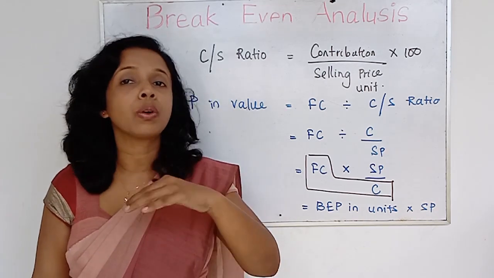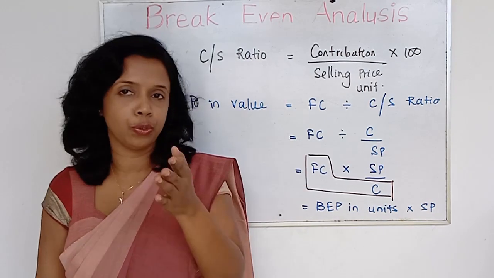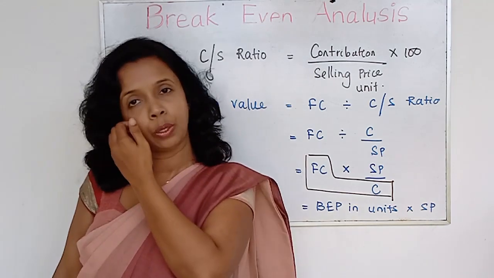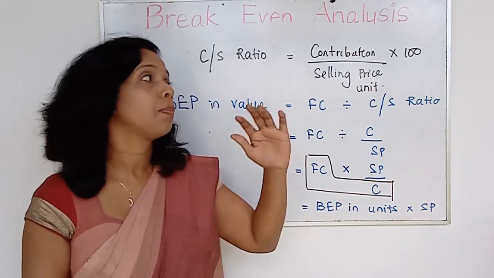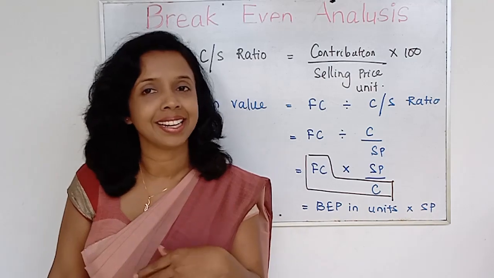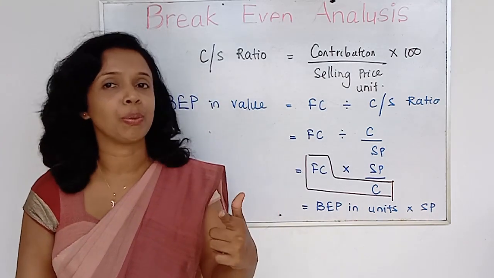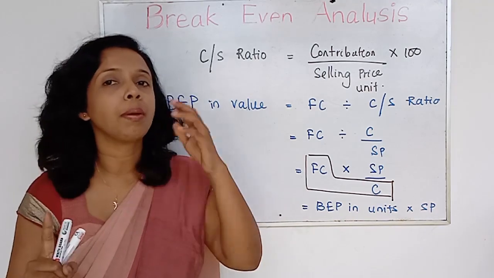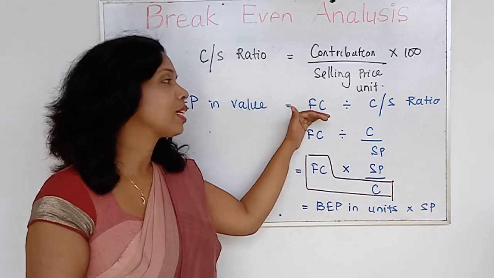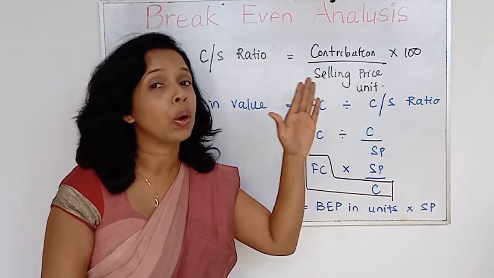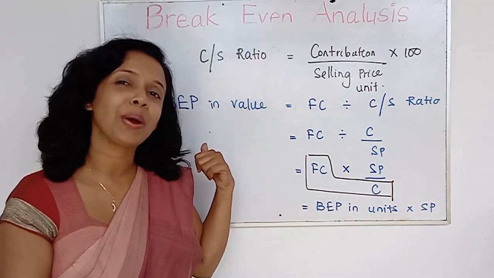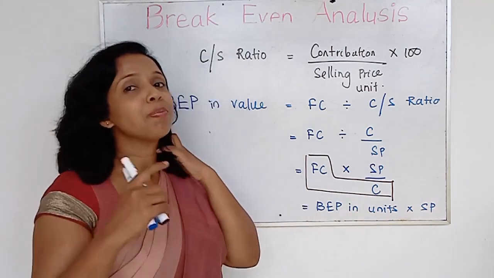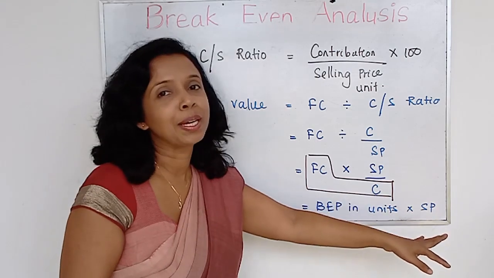Then I brought a new term, CS ratio. How do you find the CS ratio? It is the contribution per unit divided by selling price per unit. If you want to get the percentage, you multiply it by 100. Then I introduced another formula for break-even point in value. One method is fixed cost divided by CS ratio, or else you can find it as break-even point in units multiplied by selling price per unit.